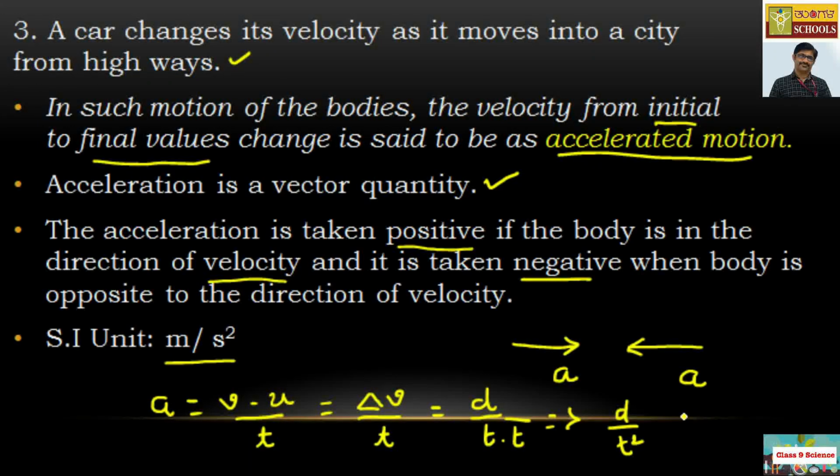Acceleration equals d divided by t square. The displacement is measured in meter, and time square means second square. This is how we arrive at meter per second square for acceleration. I hope you followed this technique.